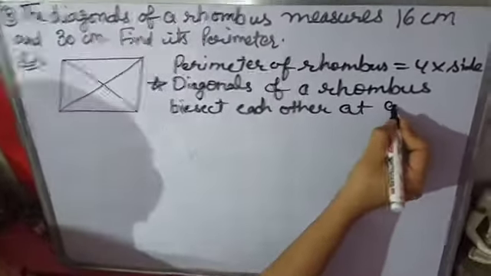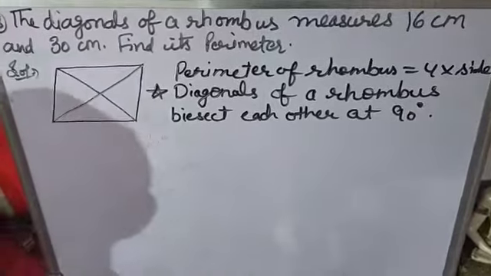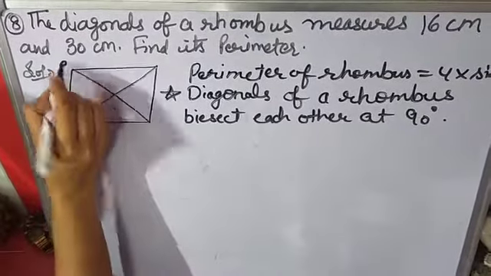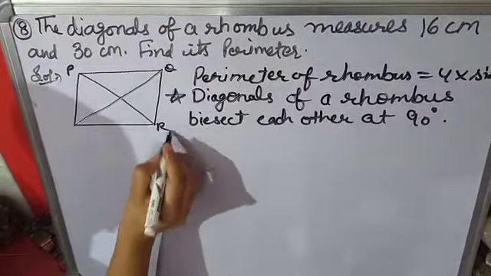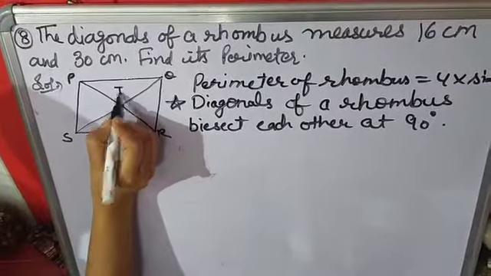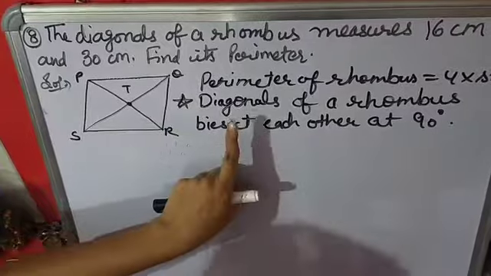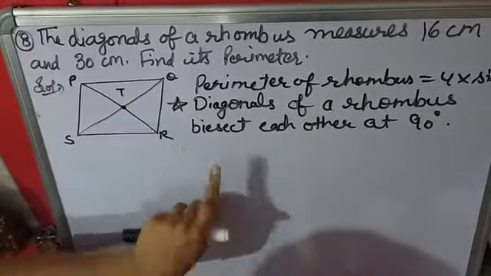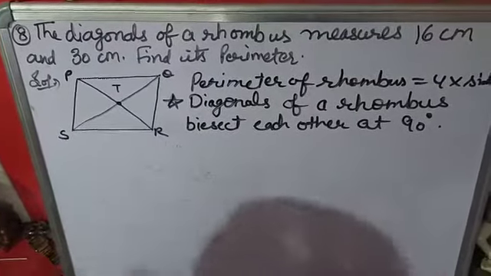at 90 degree. Okay, I am giving name P, Q, R, S, and this point I am taking as T. But I have written here diagonals of a rhombus bisect each other at 90 degree.